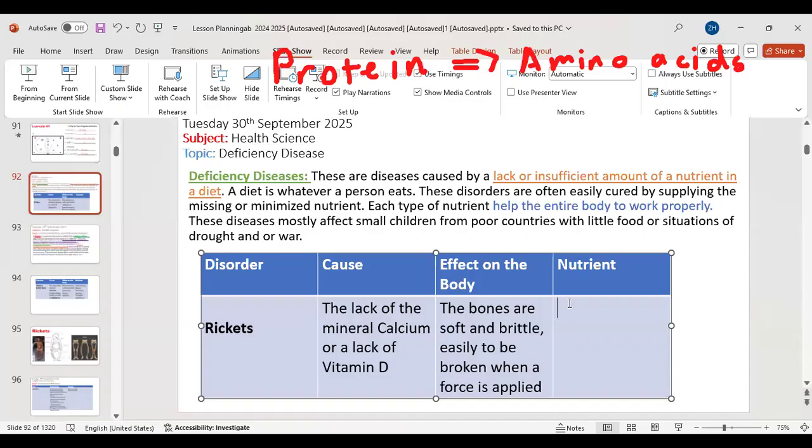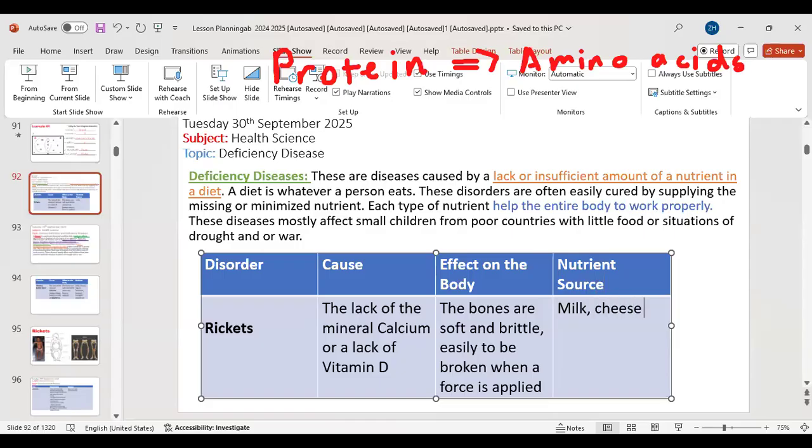So where are we gonna get our calcium from? You're gonna get it from what? Milk, very good. Milk definitely is calcium. Where else do you get calcium from? Nutrient source. So this was a nutrient source. Milk.